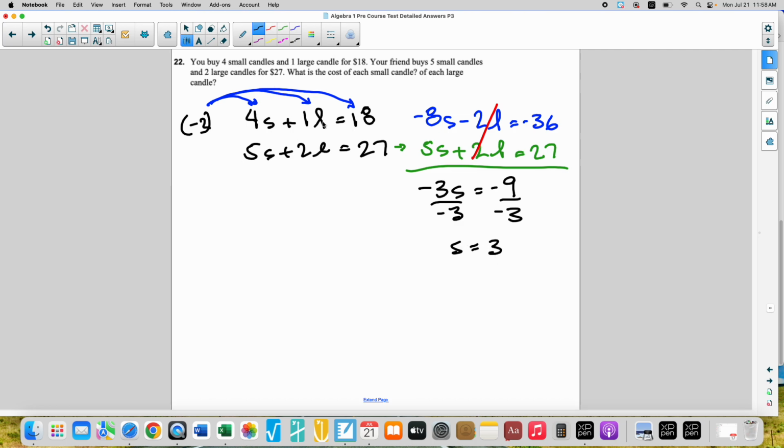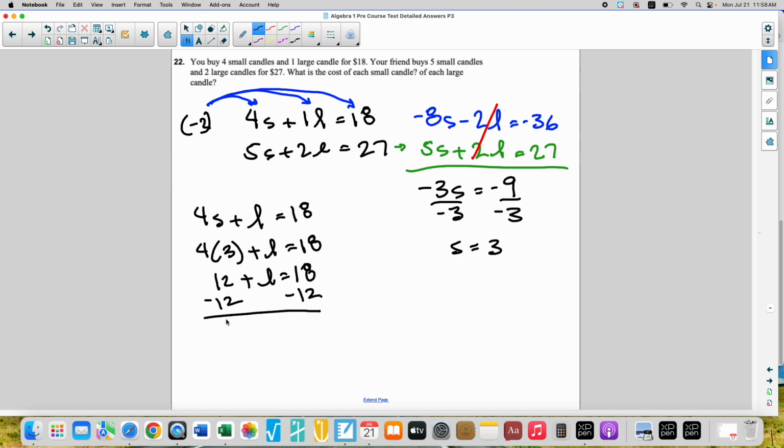And now I can go back to this equation. Let's take this, 4S plus L equals 18. Let's substitute 3 for S to find out what L equals. 12 plus L equals 18. Minus 12, minus 12, you get L equals 6.